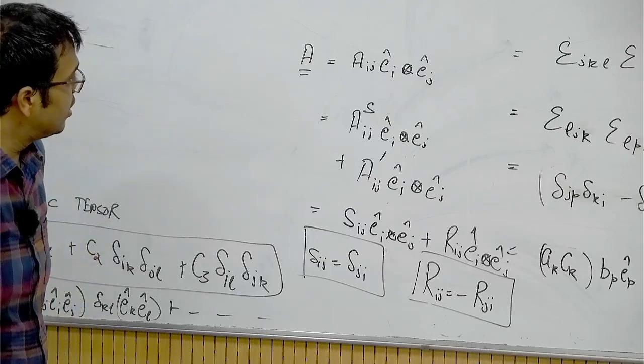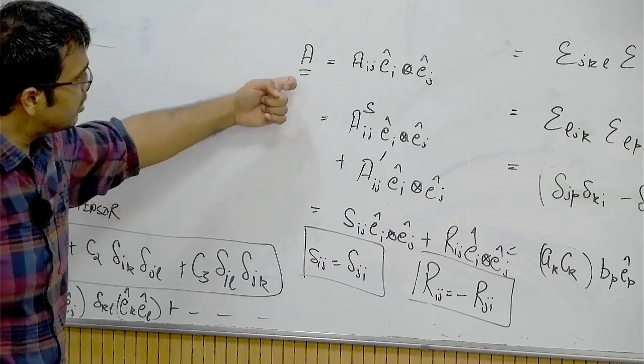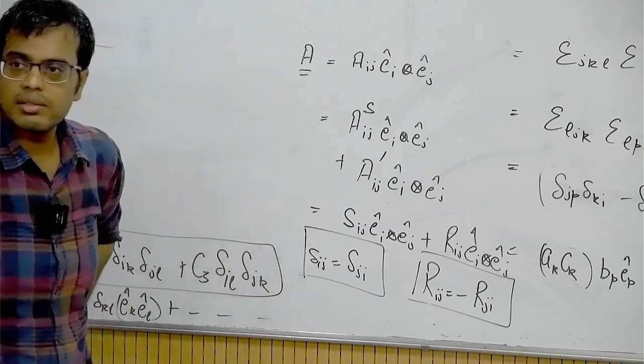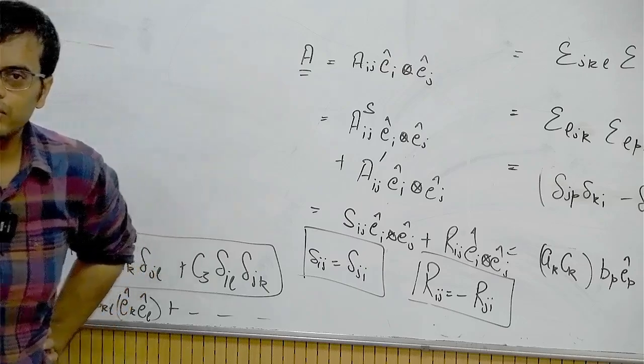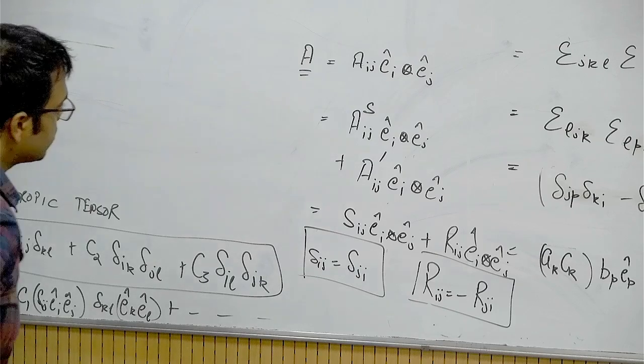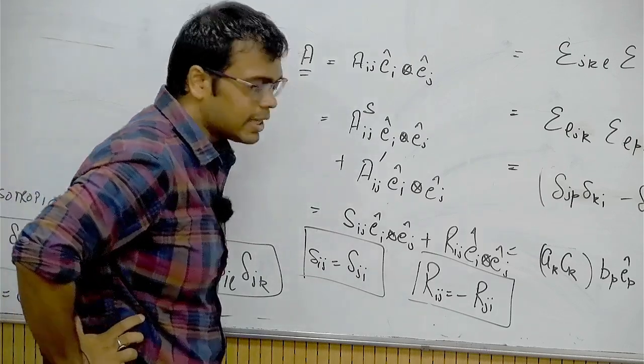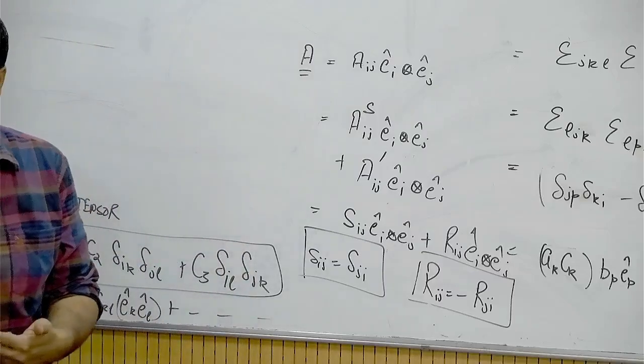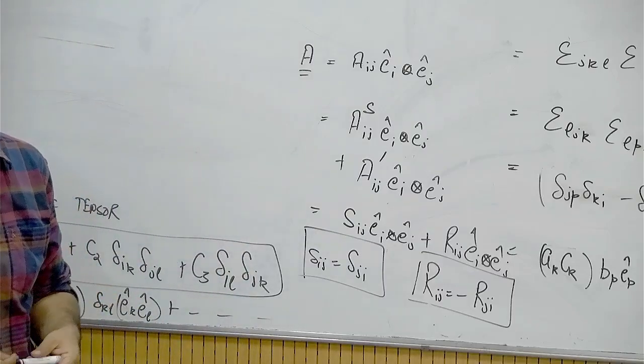What about the diagonal of A and the diagonal of S? They'll be the same, because the anti-symmetric part doesn't have a diagonal; diagonal entries are 0. These will be useful in a moment when we discuss continuum kinematics.